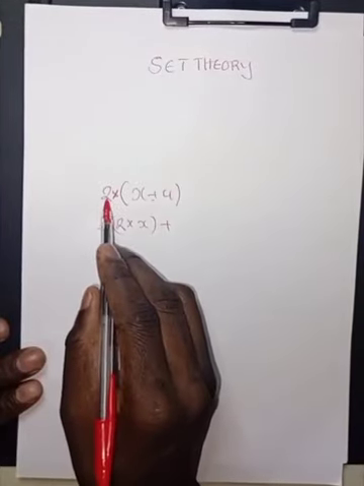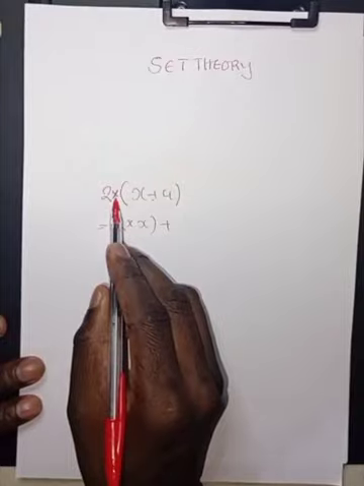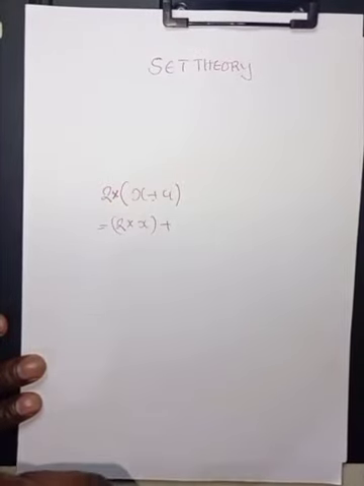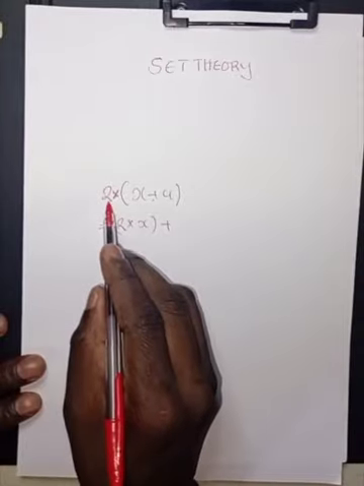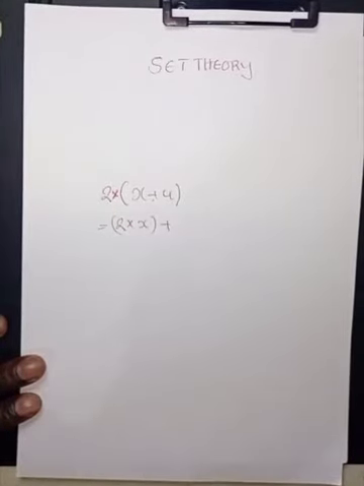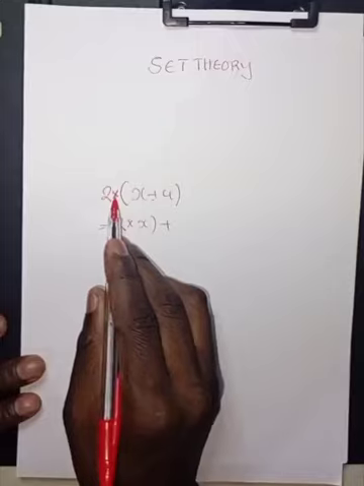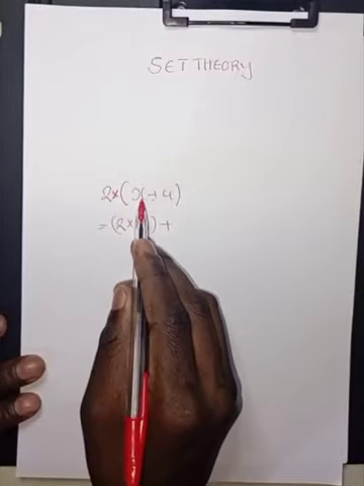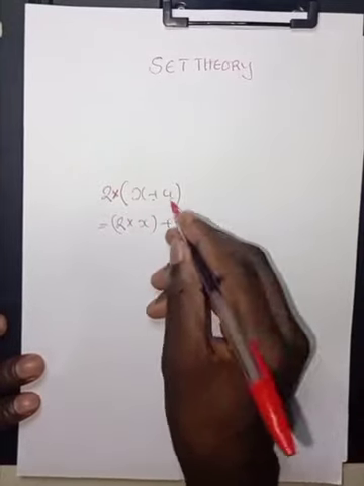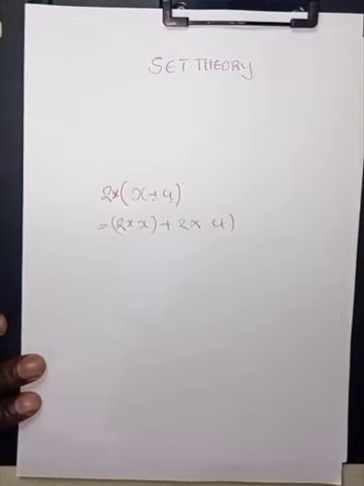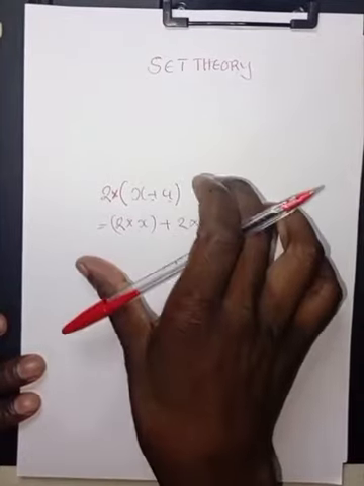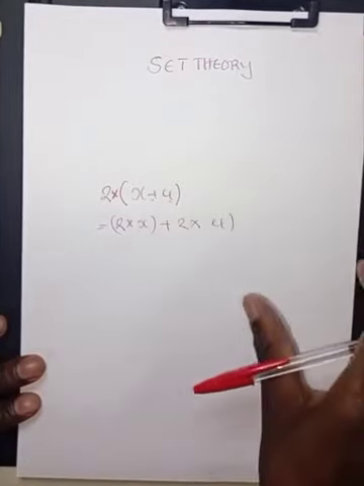So we have 2 outside with the multiplication sign, then inside the brackets x plus 4. What it means is that the 2 is multiplying the two things inside the brackets. So this is the same as 2 times x, and at the same time 2 times 4. Can you see this one? So this is what we have.